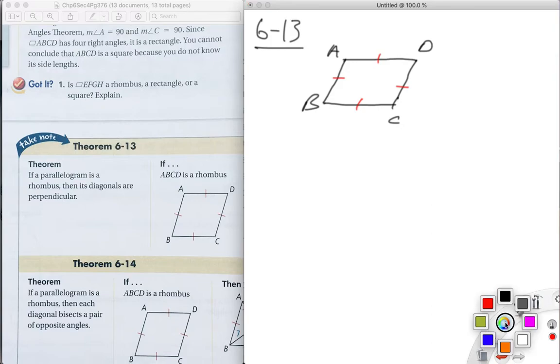And if it's a rhombus, then its diagonals will be perpendicular.